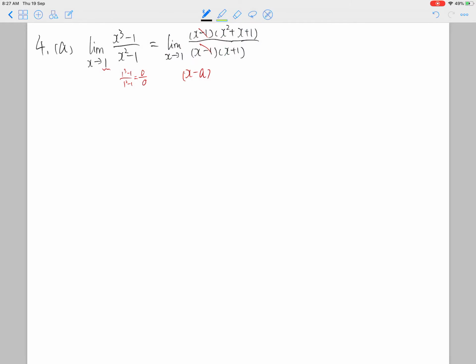Why? Because now x is approaching 1, x is never exactly 1, so these two values are not exactly 0, and they are the same, so you can cancel out on both sides. Okay, then you can safely sub in, right? Because now when you sub in, the denominator is not 0.